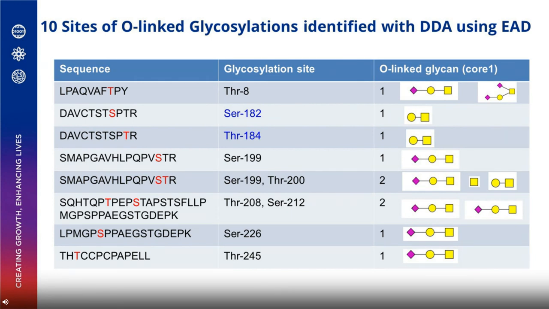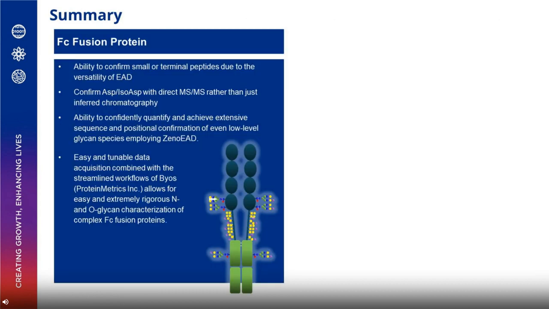To summarize, the versatile EAD can confirm small or terminal peptides, differentiate aspartic and isoaspartic acid with direct MS instead of inferring from chromatography retention time, and confidently quantify, with extensive sequence coverage and positional identification of even low abundance glycan species.